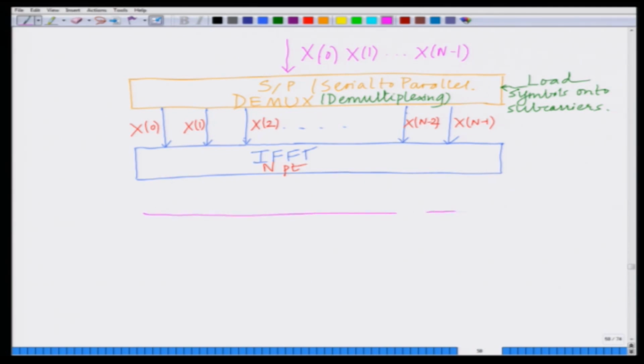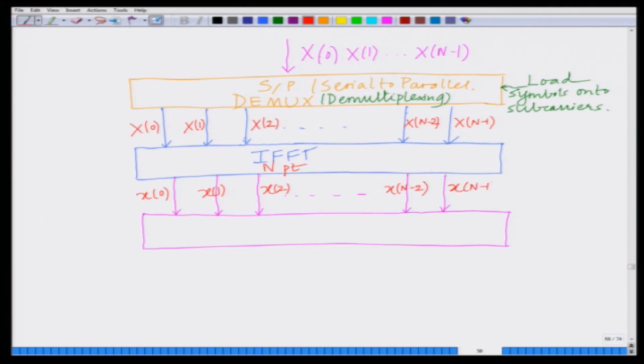We now generate the transmit samples, which are small x of 0, small x of 1, small x of 2, so on until small x of N minus 2, small x of N minus 1.